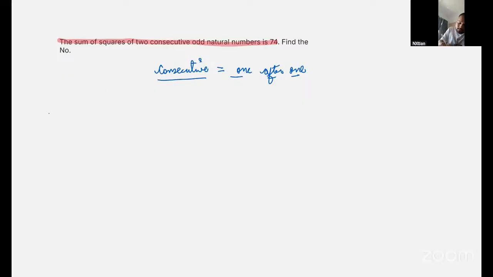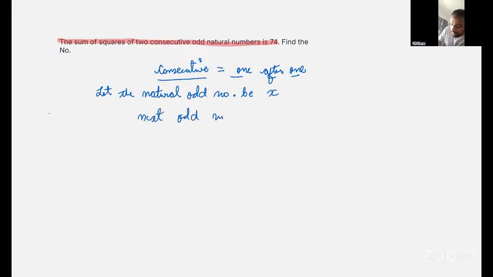We'll write: let the natural odd number be x. Are you with me, guys? Say yes or no. Okay. So the next odd number will be what?